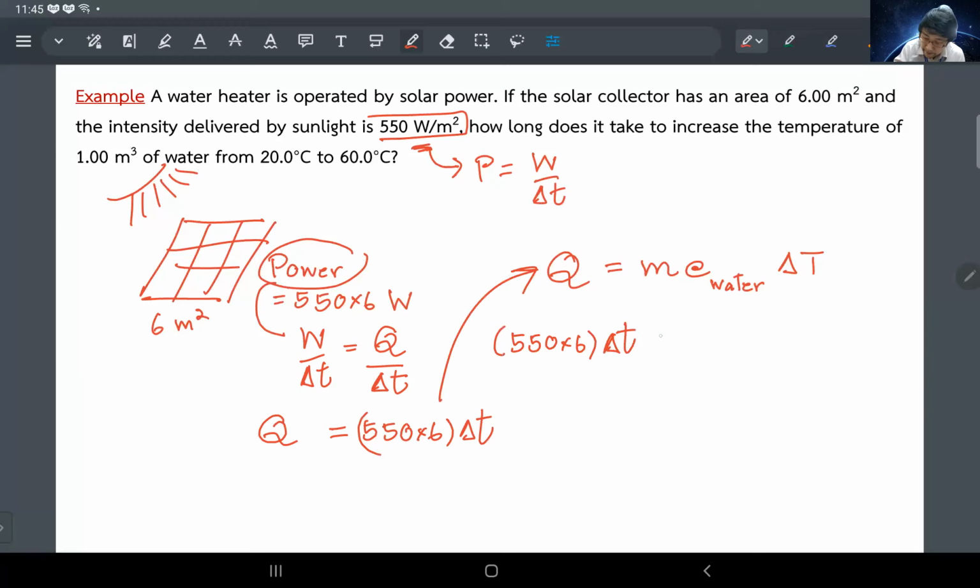Equal to the mass of a cubic meter of water. What is the mass of a cubic meter of water, guys? How many kilograms of that? You have a cubic meter of water. What is the mass of that? All right, don't forget, guys, this is huge.